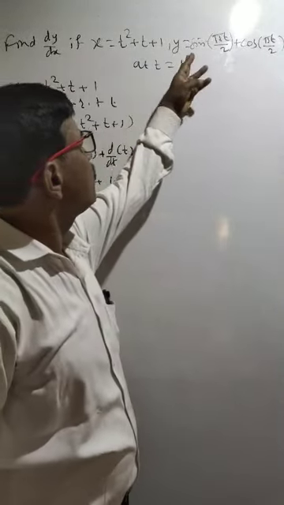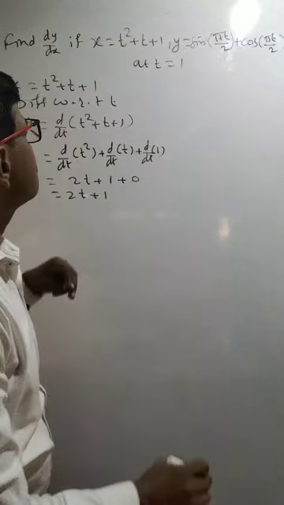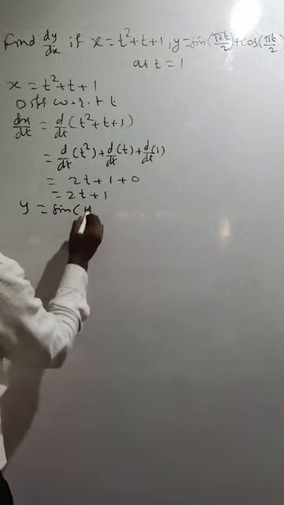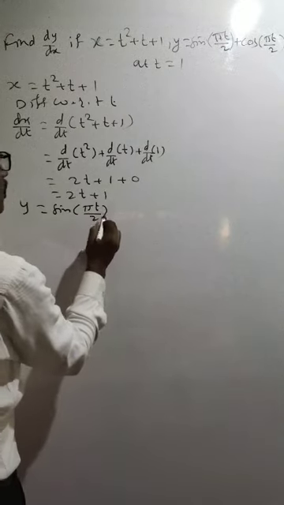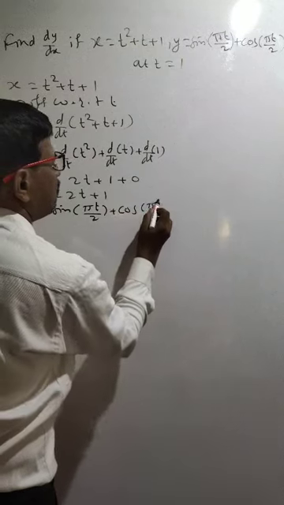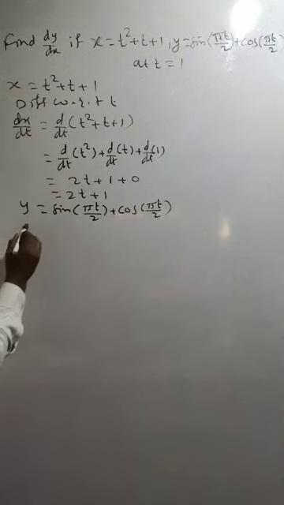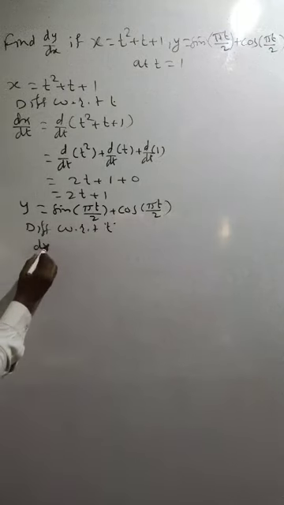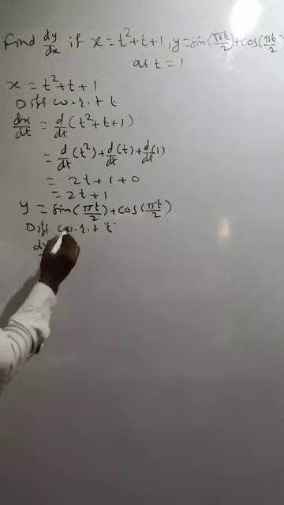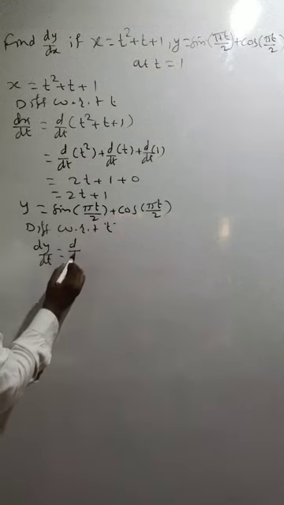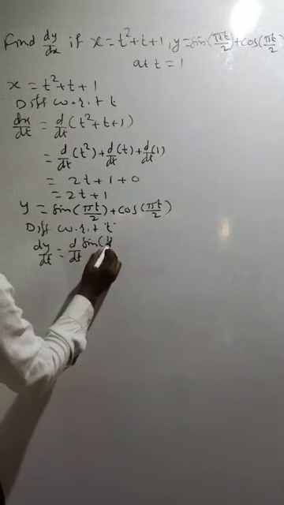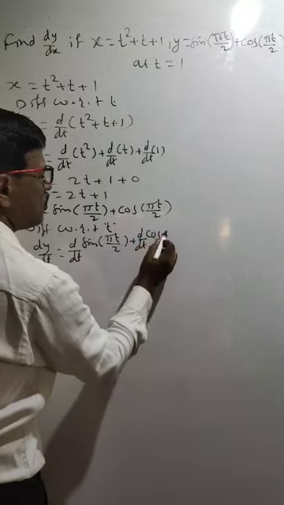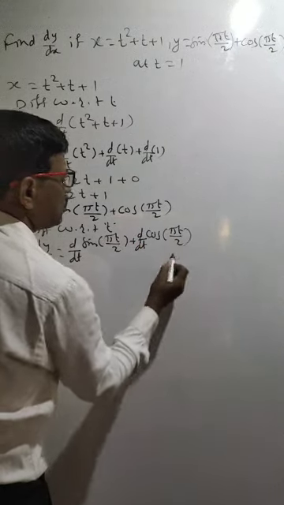Now we find the value of dy by dt from this equation. y equal to sin of pi t upon 2 plus cos of pi t upon 2. Differentiate with respect to t. Therefore dy by dt equal to, using the addition rule, d by dt of sin of pi t upon 2 plus d by dt of cos of pi t upon 2.